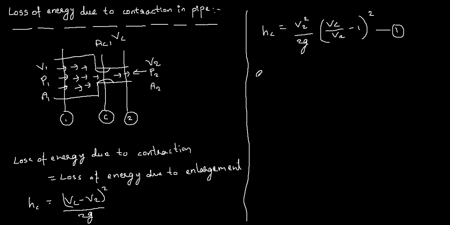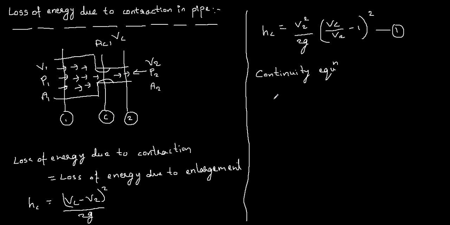Next I want to take the continuity equation. So what is the continuity equation? The continuity equation states the flow rate is constant at any point. So the flow rate at section 1 should be equal to that at section 2. Similarly, the flow rate at section C should be equal to the flow rate at section 2. So I want to apply this continuity equation from section C to section 2.